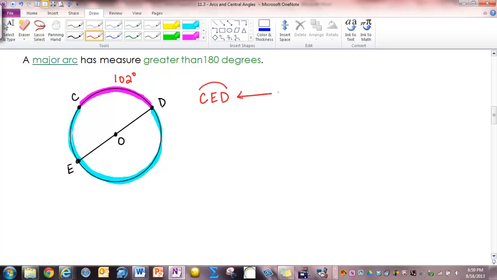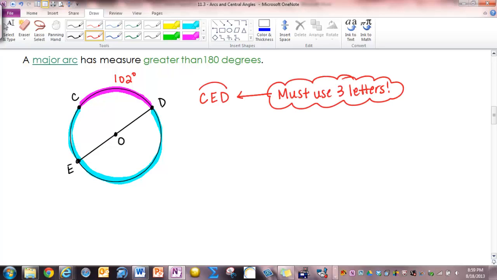So major arcs, just like semicircles, must use 3 letters. Now, just like the other arcs that I've shown you, we can switch around the letters and start with the D, end with the C, and again still go through E, and arc DEC is still the blue major arc.